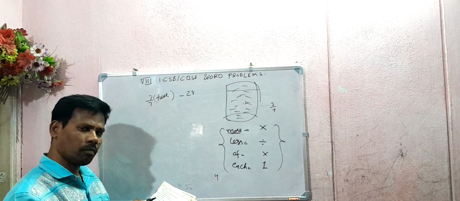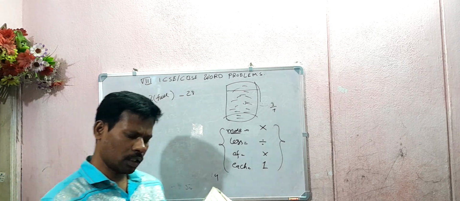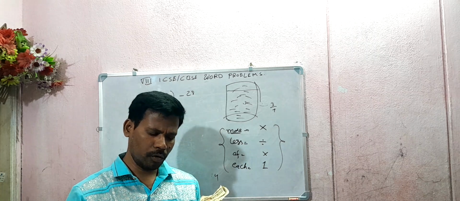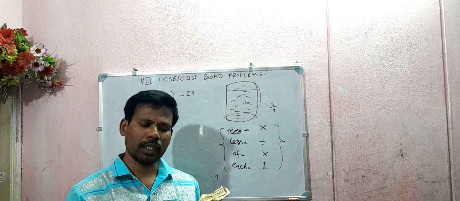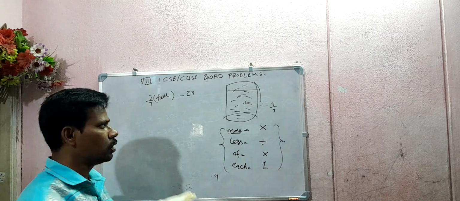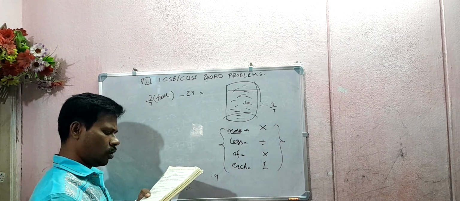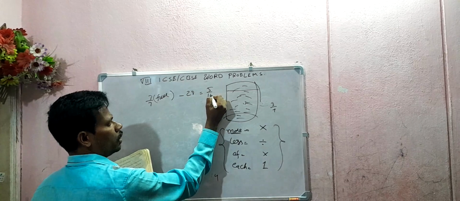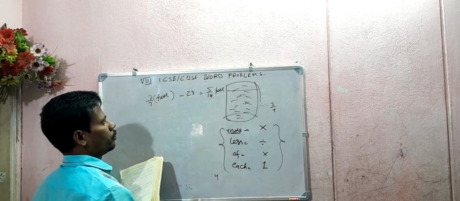So a drum of water is 3 by 7 full. When 28 liters are drawn from it, it is 5 by 14 full. It means is equal to 5 by 14 full.